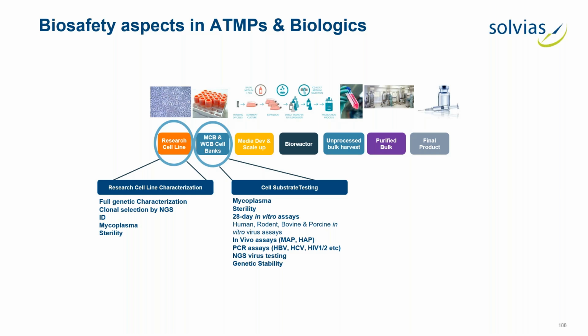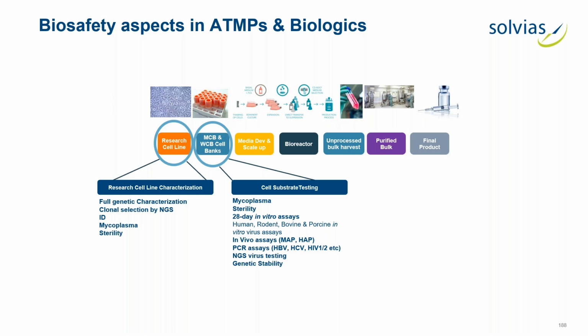And we encourage 28-day in vitro assays at that point because they provide the greatest coverage against adventitious agents. Some of those viruses may be very slow growing, so 28 days is the most vigilant assay, okay, 28 days. And then we have human, rodent, bovine, porcine viruses, which does influence the collection of detector cell lines that you use in those assays.